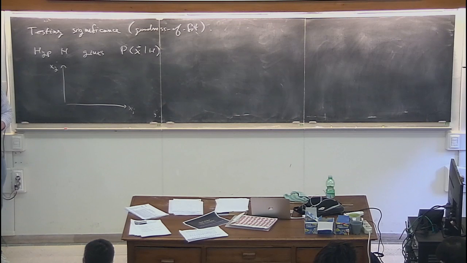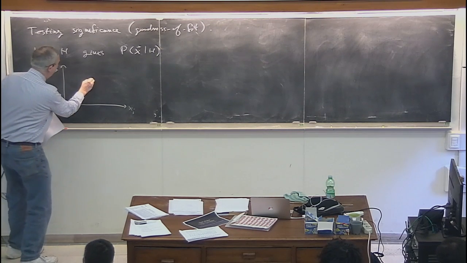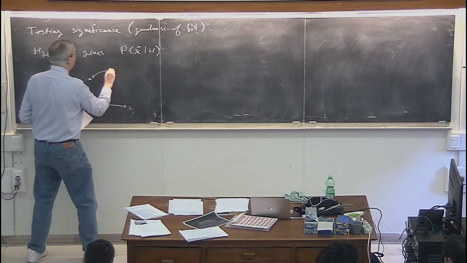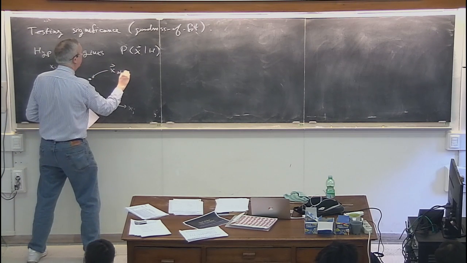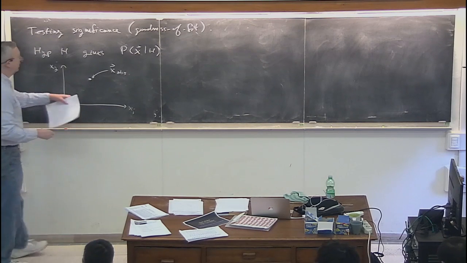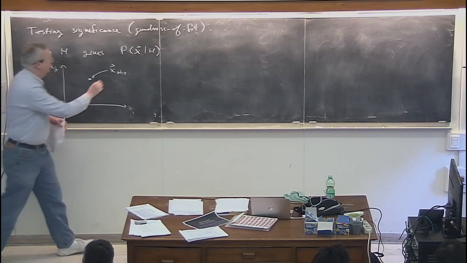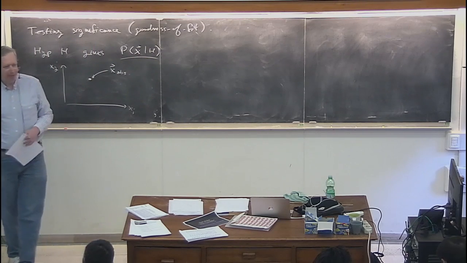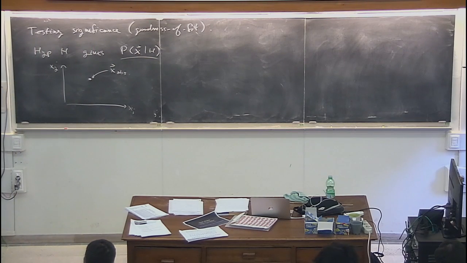The outcome of my experiment is going to be a single point. Watch this. Boom, there it is. A single point, x observed. On the basis of that single point, I now don't just want to make a binary decision, accept or reject. I want to give a numerical value that quantifies the level of agreement between that observation and the predictions of that hypothesis. So I want to actually get a number out now.